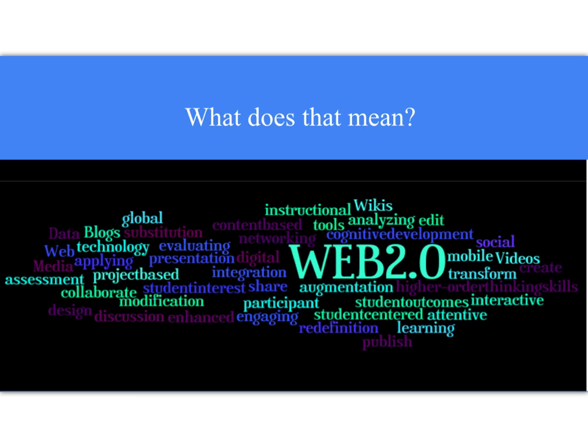To me, it means that Web 2.0 is not the end-all be-all of technology, but rather a series of tools that educators can use to transition from a teacher-lecture-centered classroom to a more student-engaged-centered environment. Students can use Web 2.0 tools to create their own videos and their own presentations. It's mobile, and there are also social components.